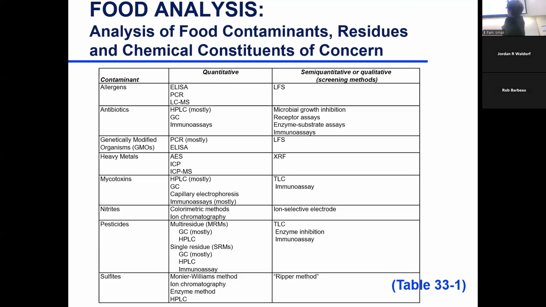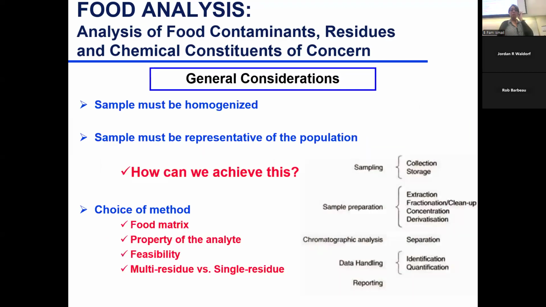Yeah, so it's mostly GC, HPLC, or immunoassays. In semi-quantitative, we have LFS, lateral flow detection. So you have thin layer chromatography, TLC, and then some electrodes and so on. So it would be good to just have an overview of this table or review this table.